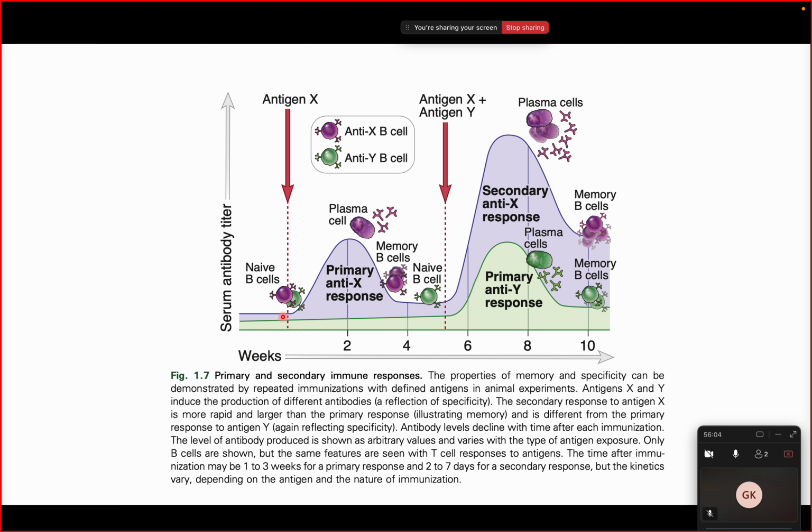The time which was taken here to first recognize the microbe, then make antibodies, then secrete antibody and save it into the memory cell, that work does not have to be done now. Because the memory cells were already there, the antibodies were already there. Now the pathogen won't be able to survive for more than 1 or 2 days, and you'll get a heightened response because the lag phase is not here anymore.